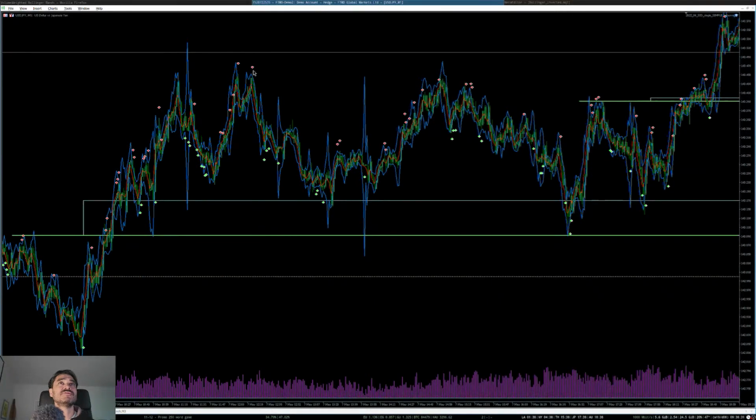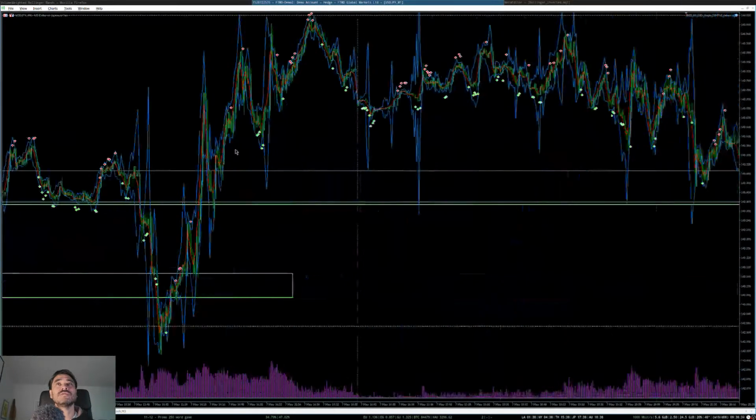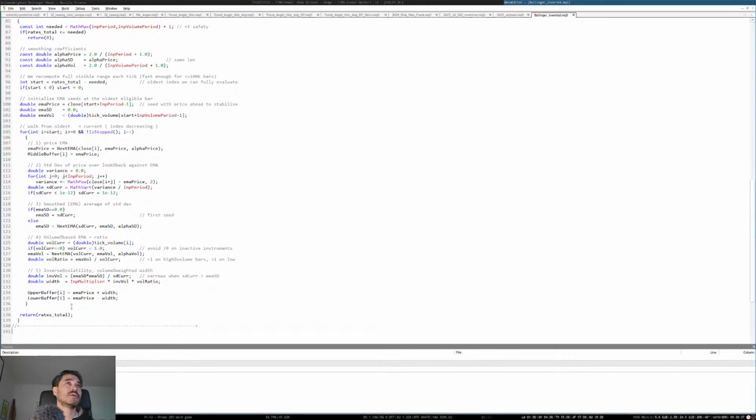What if I just take the volume thing off and just invert the Bollinger Band? It narrows when the standard deviation is greater than the EMA. What? Let's just take the volume out of this calculation just as a quick test. Vol ratio, how's that calculated?